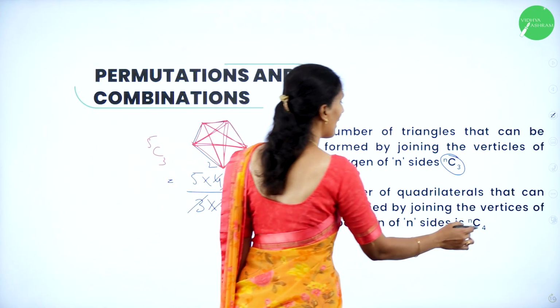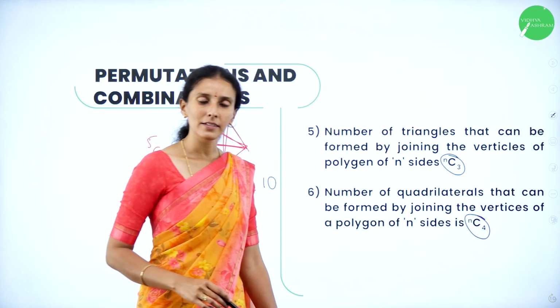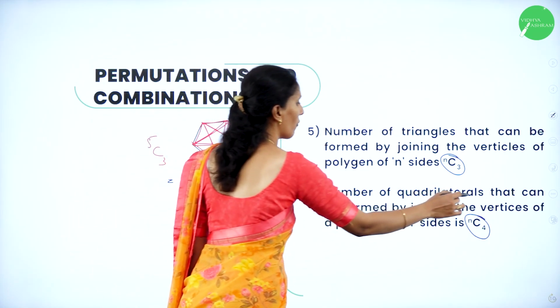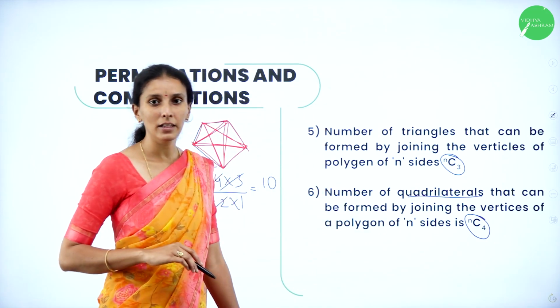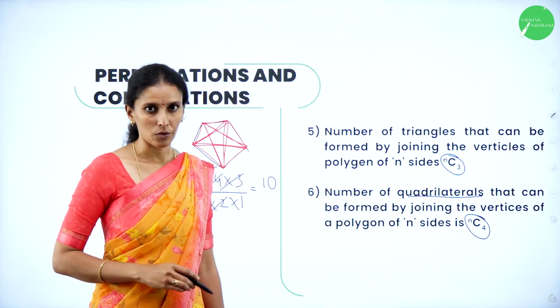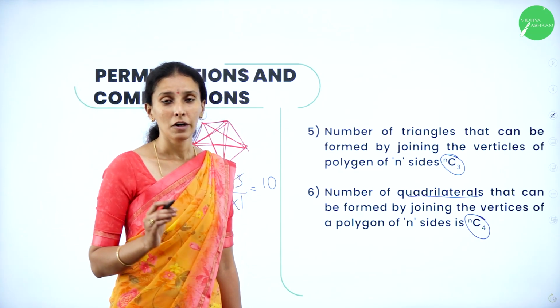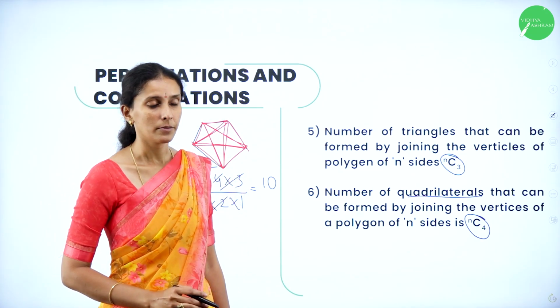Similarly, how many quadrilaterals? Quadrilaterals require 4 vertices, so the number of quadrilaterals you can draw inside the polygon is NC4. These are very important formulas you should remember while working out the problems.